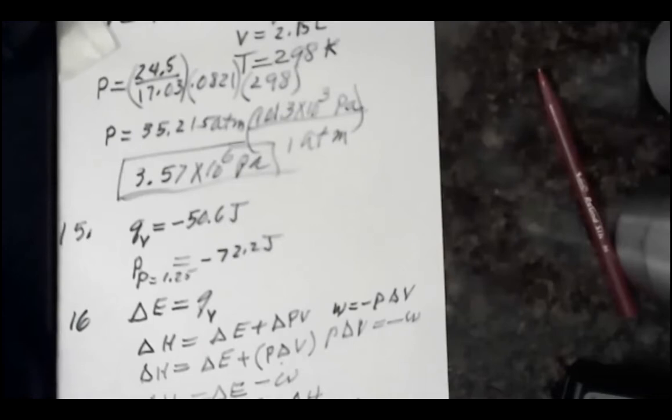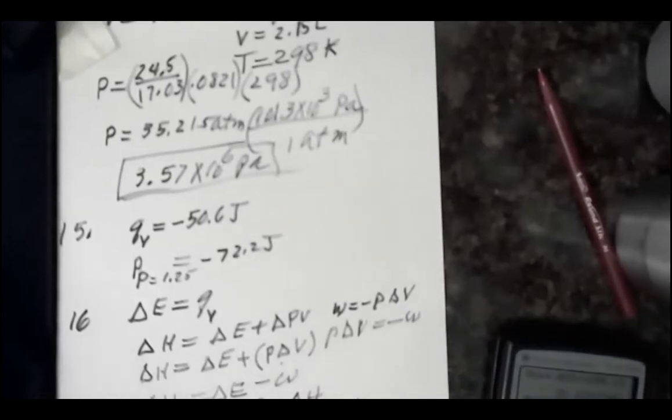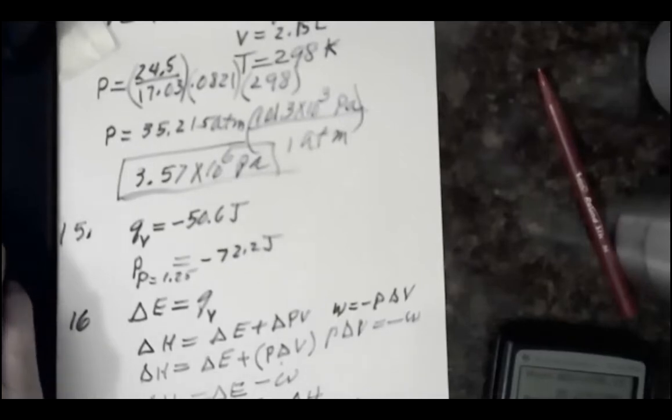So I'm going to take this number and subtract 50.6. So 72.2 minus 50.6 should give us plus 21.6. Work is plus 21.6 joules. And that is the answer that we have on the problem.